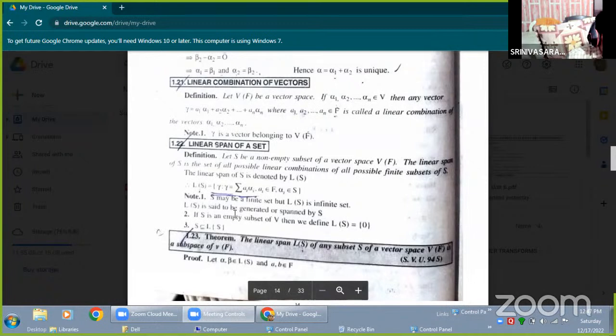It is simple. Whatever the name, L(S) is simply read as the linear span.